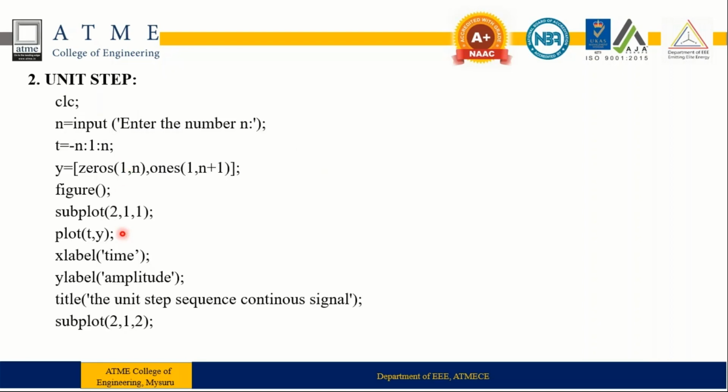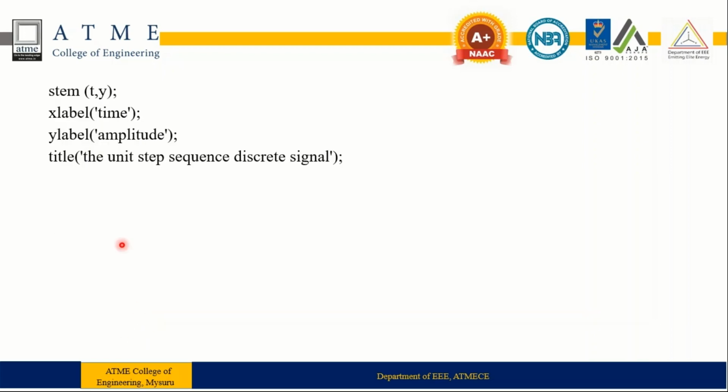In order to display both the signals in a single window, we use the command called subplot, where it will create two rows, one column. The first figure indicates the continuous time signal, whereas subplot 2, 1, 2, with two rows and one column, the second figure represents the discrete time signal, which is given with the command stem t, y, followed by labeling of the signal graph.